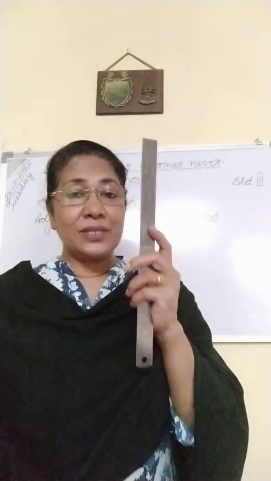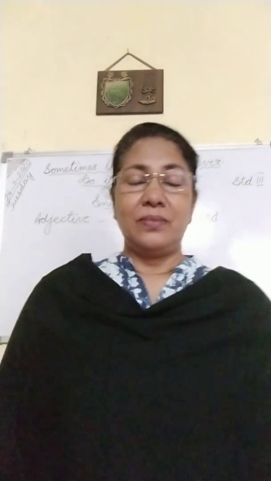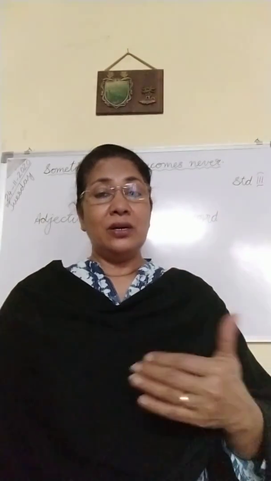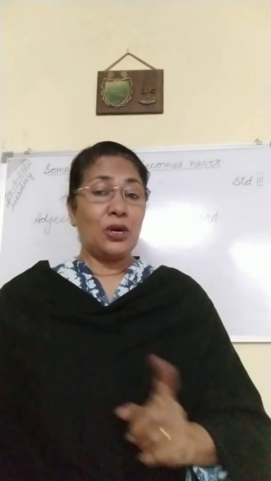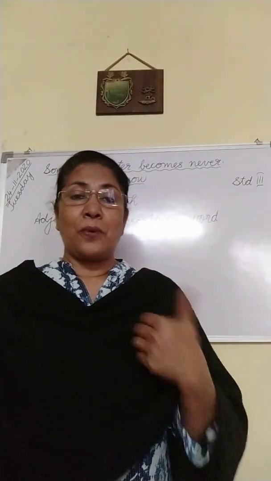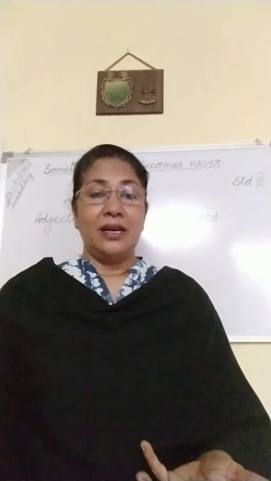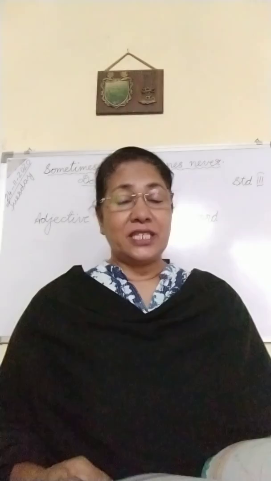And I also used it is of steel, made of steel. So these are the ways you describe a thing. That is called adjective. So do not forget: about a noun or a pronoun, whatever details are given about it, that is called adjective.